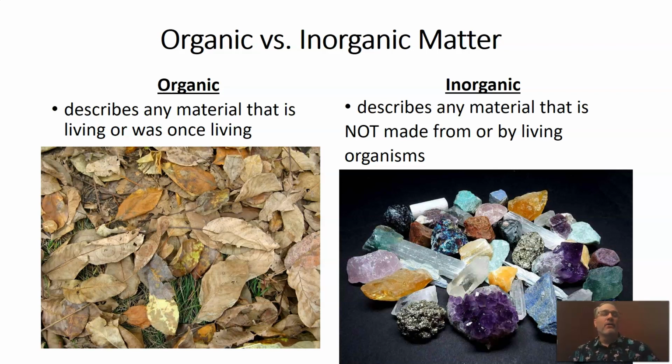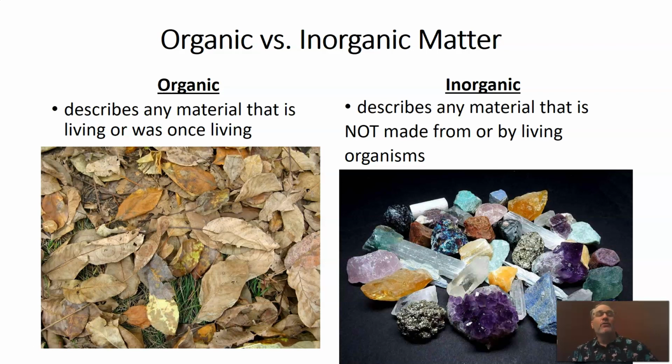So organic matter is just any material that is living or was once living. So by this definition, that means you're living. That means you are organic matter. That means if we're walking along the sidewalk and we find a dead insect or an insect, those things are organic matter.